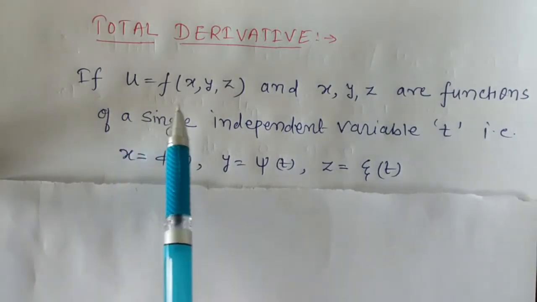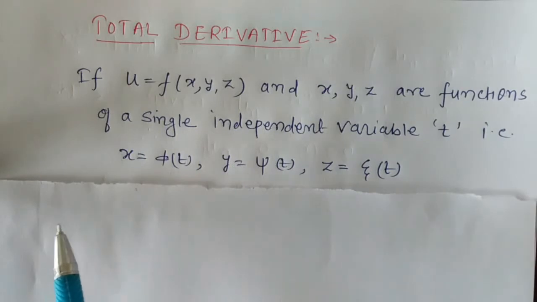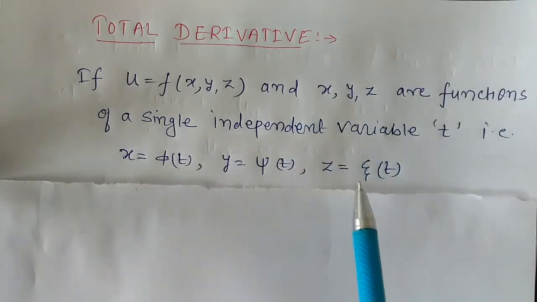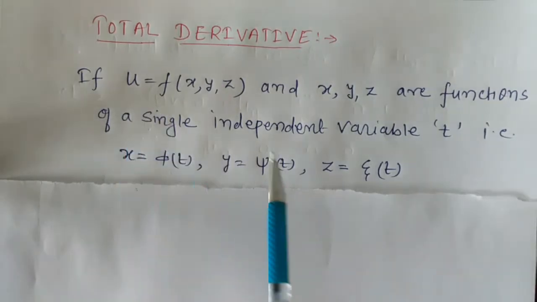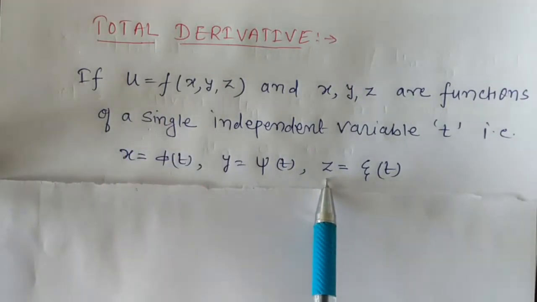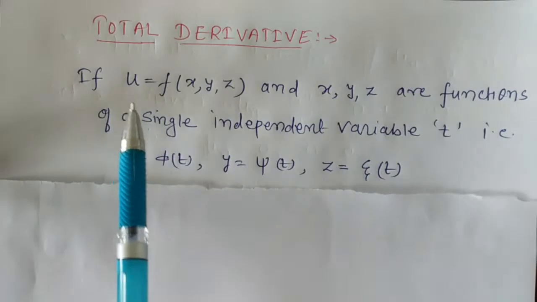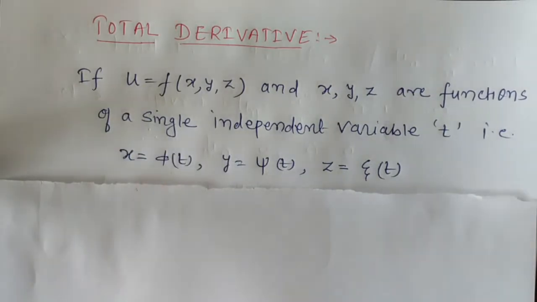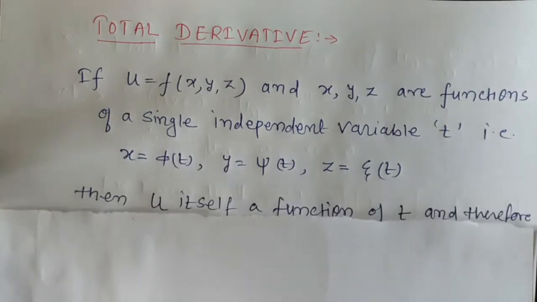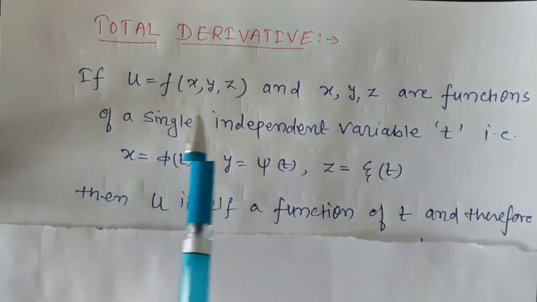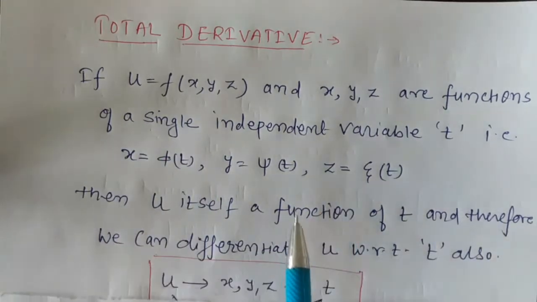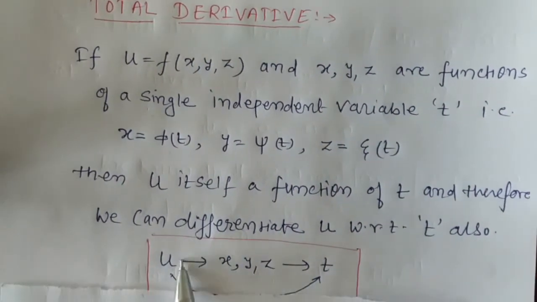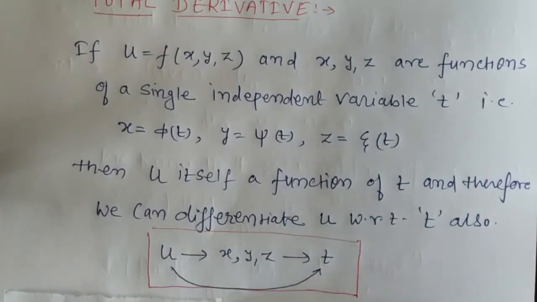Now u is a function of x, y and z, where x, y, z are functions of t. Then this implies u is ultimately a function of t, and therefore we can differentiate u with respect to t. So u is a function of x, y, z and x, y, z are functions of t. Therefore u is directly a function of t.